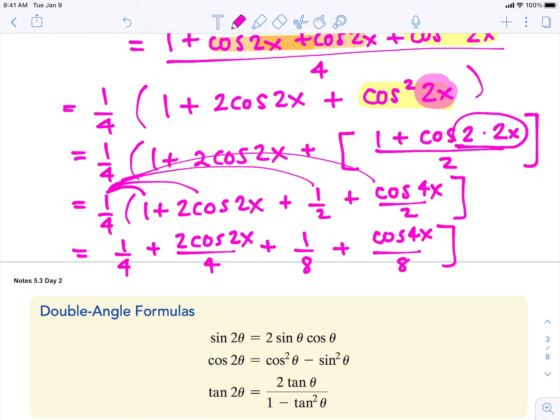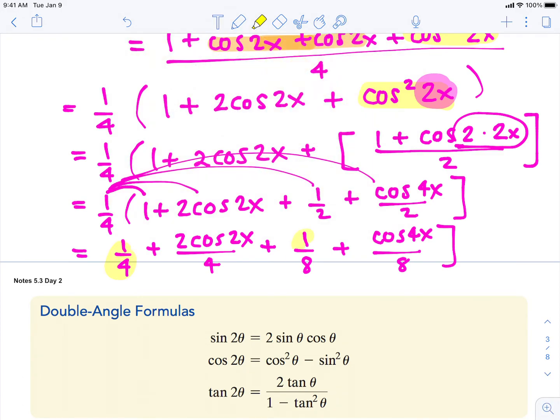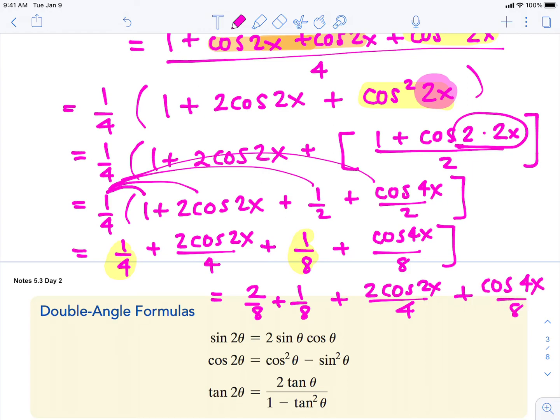Now, these two terms, 1/4 and 1/8, are like fractions. So we can change that to 2/8 plus 1/8. And then we have 2 cosine 2x over 4 plus cosine 4x over 8.